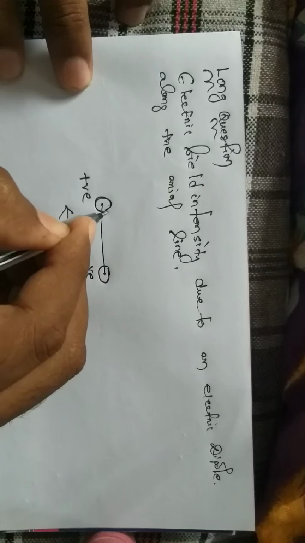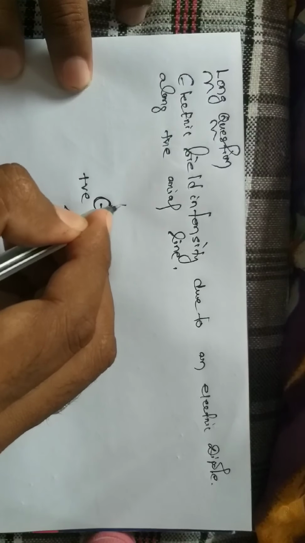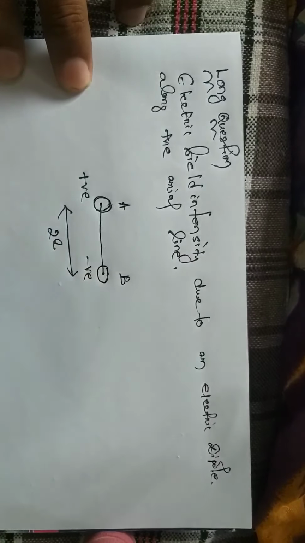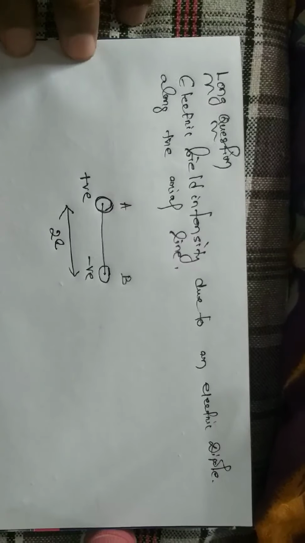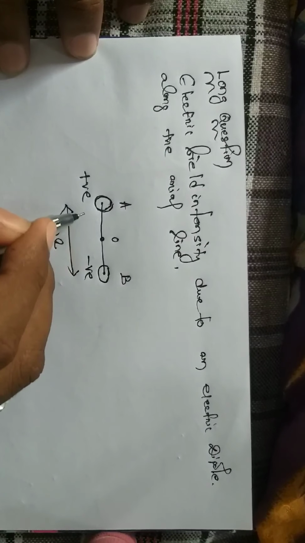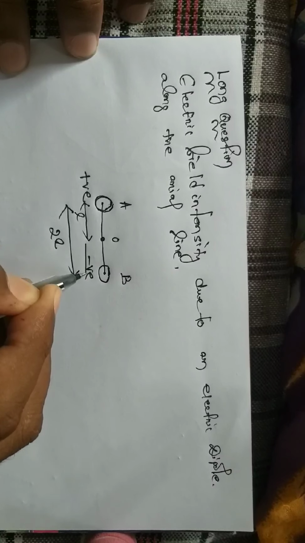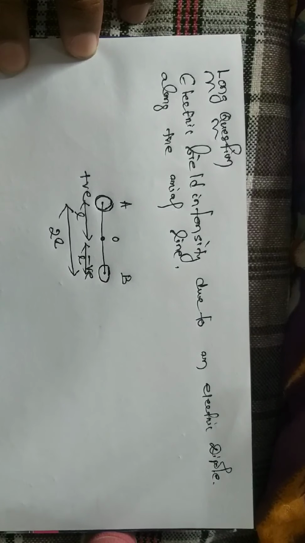The two charges are situated at the points A and B respectively, and O is the center of the dipole. The distance OA is l and the distance OB is also l.